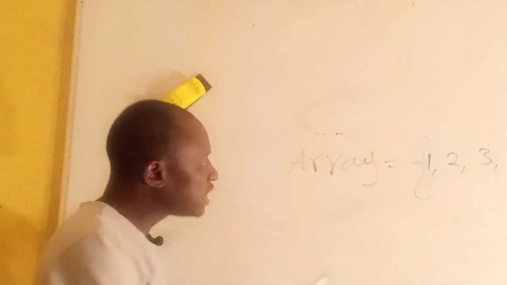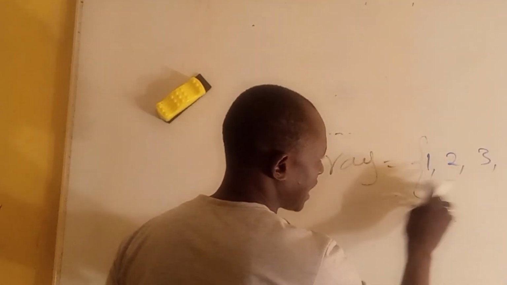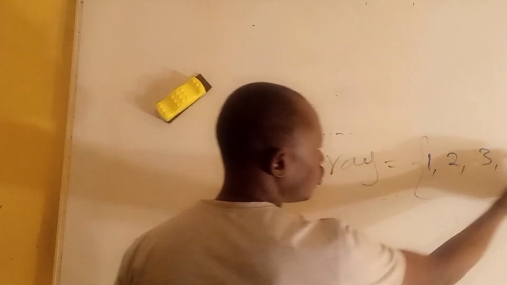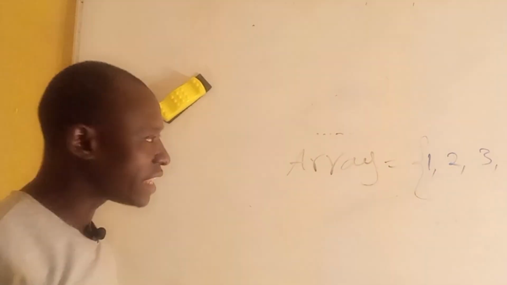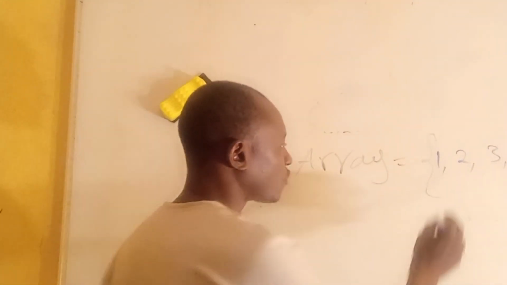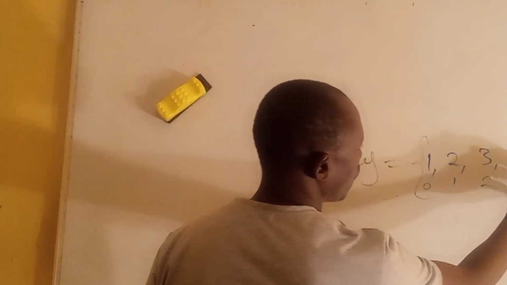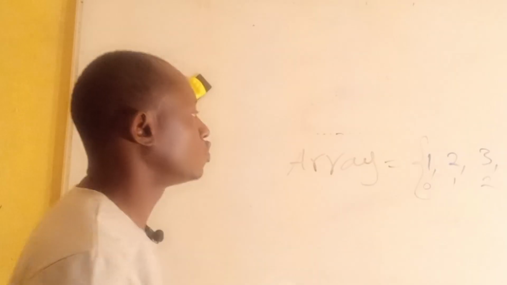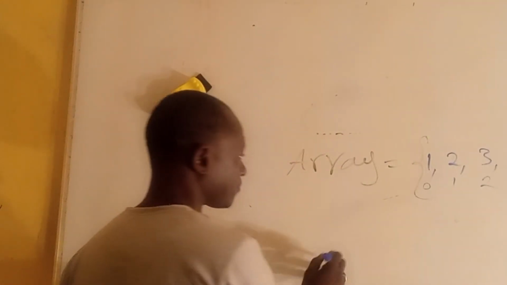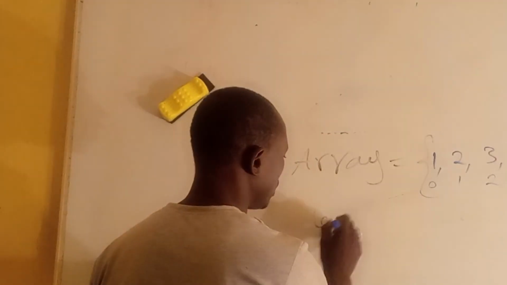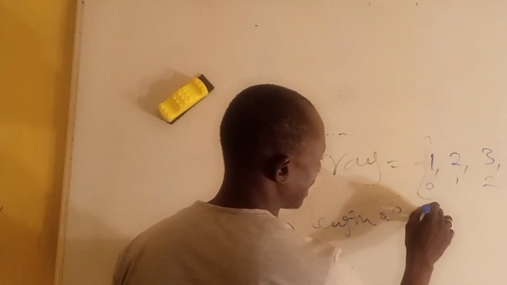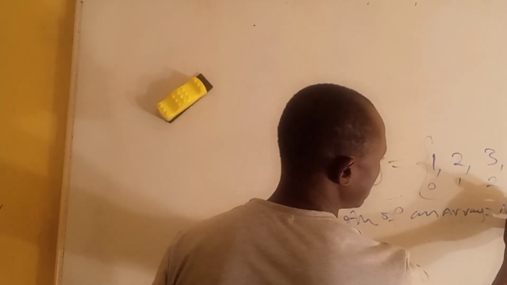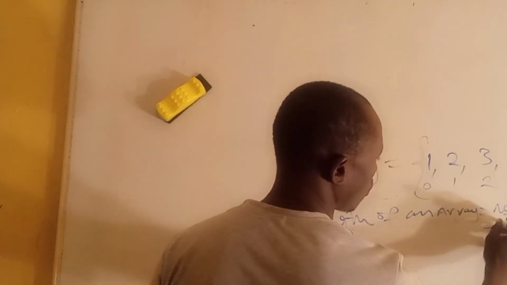Are we together? If you look at this very well, the length of this array is the number of items in it. So we have 1, 2 to 5. But in an array, we start counting from 0: 0, 1, 2, 3, 4. So the last index of an array is the number of elements within the array minus 1.